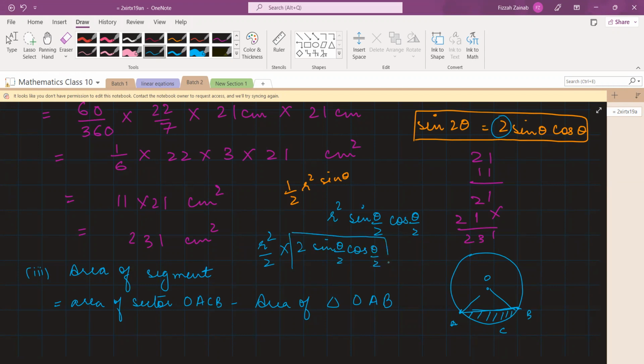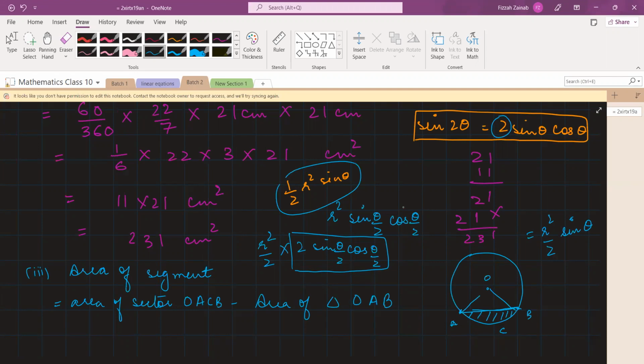Now what is this equal to? Sine 2 theta, right? So this will become r square by 2 and this will be sine of 2 theta. So my theta is already theta by 2, 2 theta will be theta. Yes. So it's actually the same thing which you are using, right? So it's the same formula, just a different way of writing it.